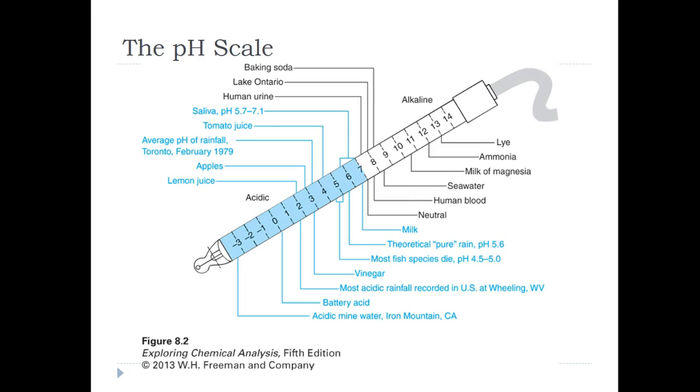My favorite is that the theoretical pure rain, so rain that is not considered acid rain, has a pH of 5.6, which, if you think about this pH scale, is acidic. So acid rain, which is a real thing, is just more acidic than regular rain, but all rain is always acidic. So it should be, instead of acid rain, more acid rain, but you know, whatever. They don't ask me these things.